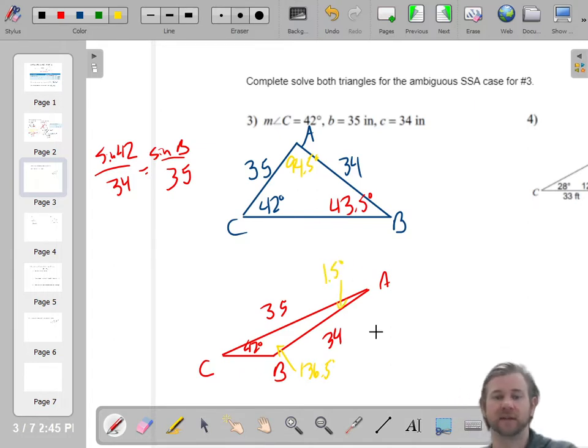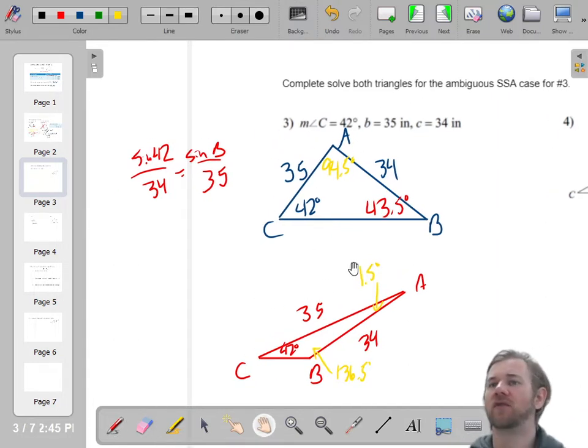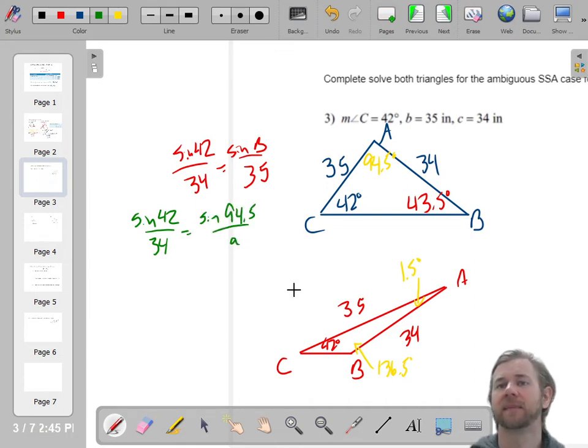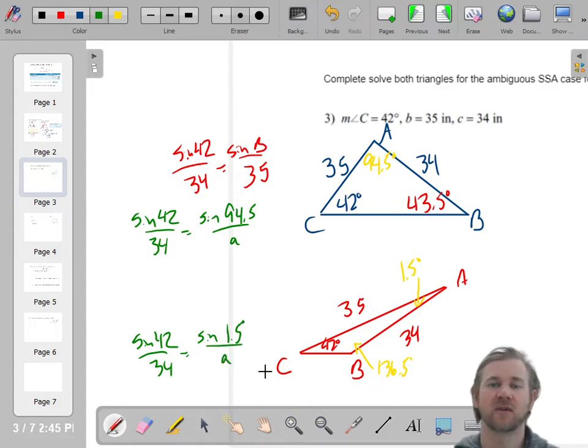So very small angle. Now that I have all three angles, I have angle, side, angle on both these triangles. I'm just going to solve for missing side A, but I have to do it twice. So I'll say the sine of 42 over 34 is the sine of 94.5 divided by little a. And down here, the sine of 42 over 34 equals the sine of 1.5 degrees over little a. So I just have to cross multiply twice.